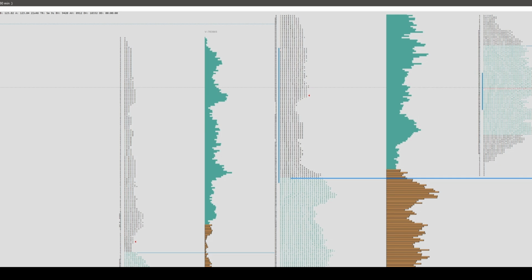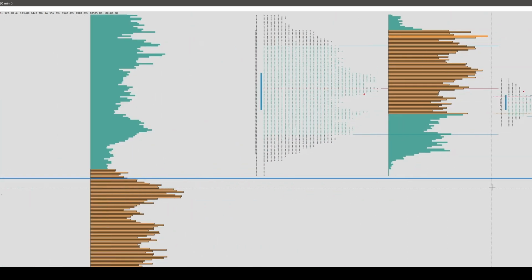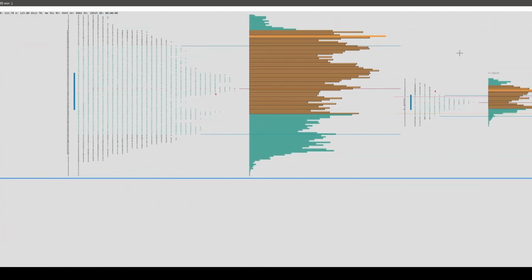So this could indicate a bearish scenario if we don't break this. And you can see right here that there is a bulk of volume, so it seems like the seller is selling the market. So I noticed you couldn't see what I'm talking about. This is the bulk of volume I'm talking about.